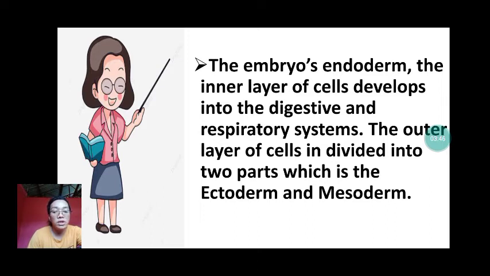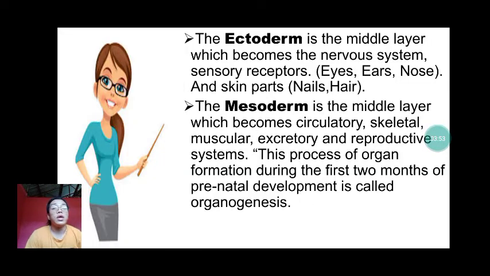So, diha nagsugod ang pagdevelop sa eyes, ears, nose, nails, hair. Okay? So, mao ni siya. The ectoderm is the outer layer which becomes the nervous system, sensory receptors, eyes, ears, nose, skin, nails, hair, and the mesoderm is the middle layer which becomes the circulatory, skeletal, muscular, excretory, and reproductive systems.